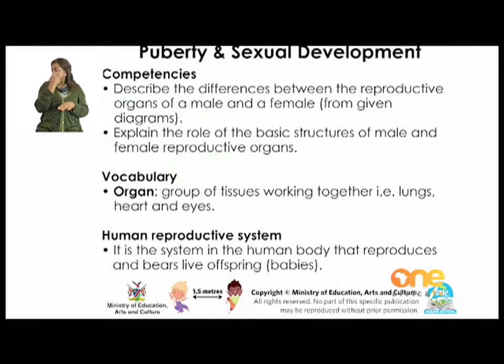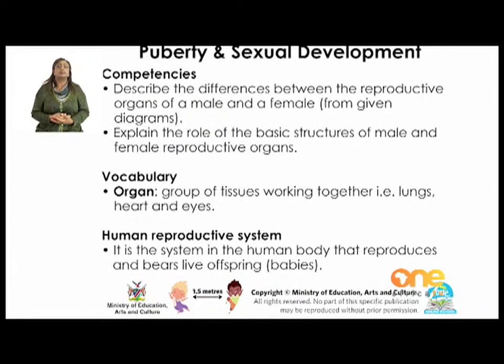Examples include the lungs, your heart, and your eyes. The next word is the human reproductive system. It is the system in the human body that reproduces and bears live offspring. In other words, it's responsible for making babies.